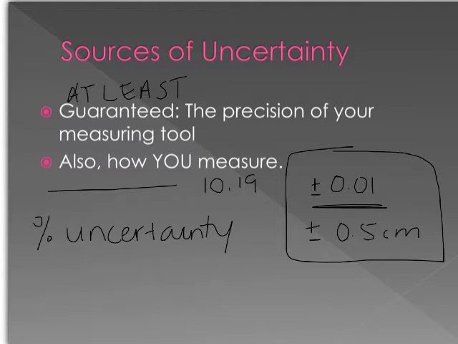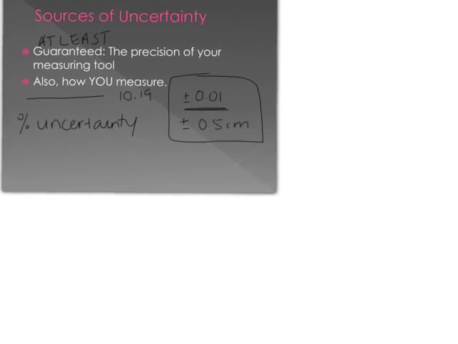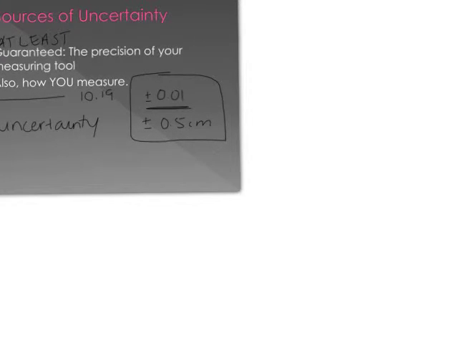So let's make this guy a little smaller. Move this over, and we're going to figure out a percent uncertainty of these two possibilities. So say we are only off by the uncertainty of our tool. In order to figure out the percent uncertainty, you take your uncertainty, the 0.01, and then you divide it by your actual measurement. And you said it was 10.19.